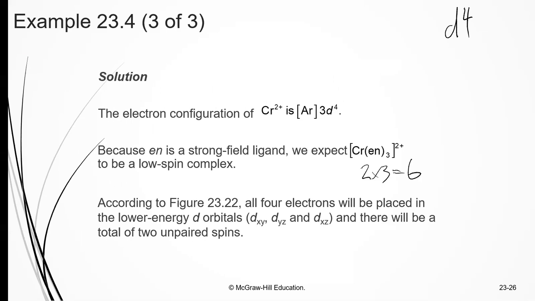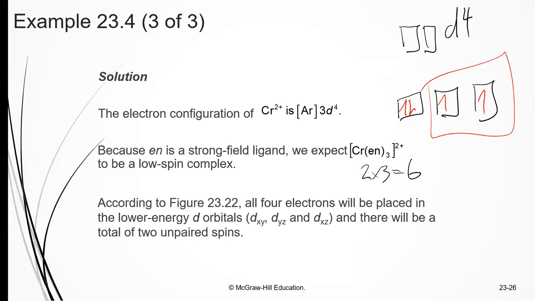Now, when we think about this, if we're a strong field ligand, then that should give us a large gap between them, which means that when we start to fill in our electrons, we're going to go 1, 2, 3, and then we have the choice to move up or move down. We're going to keep it down here since it's a strong field ligand, and so we're going to go with the low spin complex. So that gives us a total of 2 unpaired electrons.